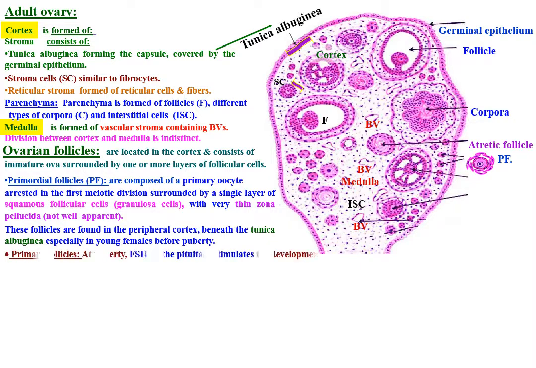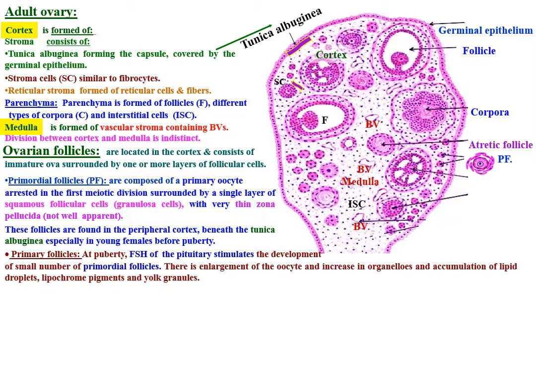Primary follicles. At puberty, follicle-stimulating hormone of the pituitary stimulates the development of a small number of primordial follicles. There is enlargement of the oocyte and increase in organelles and accumulation of lipid droplets, lipochrome pigments, and yolk granules.